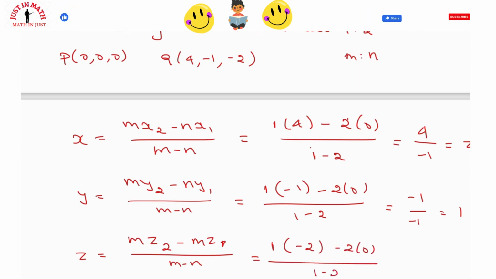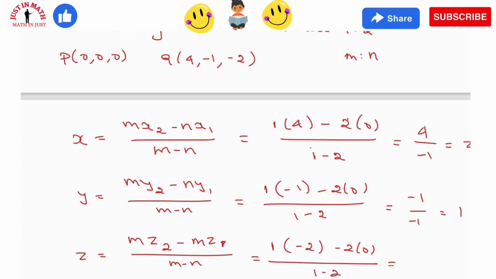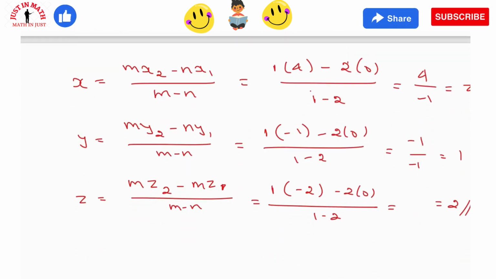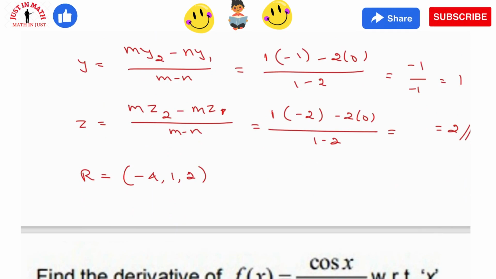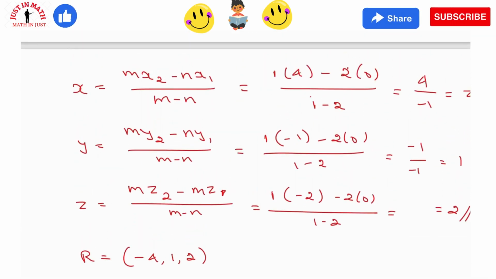So m and n we already know, and z2 is minus 2, then minus 2 into 0, divided by 1 minus 2, which is minus 2 divided by minus 1, we will get 2. I hope you understood, my dear friends. So we got R equal to minus 4 comma 1 comma 2. Okay, I hope you understood, my dear friends.